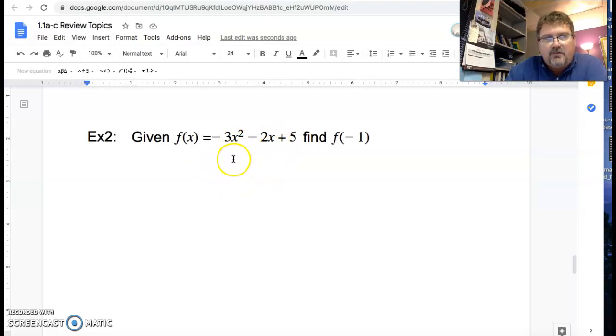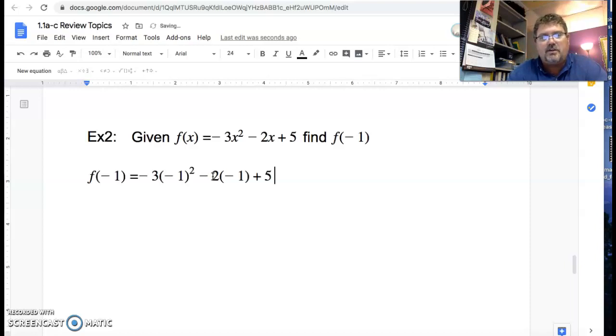Right? f of -1 means -1 goes there and there. Now what I want you guys to do is use parentheses when you do it. So your expression should turn out looking like that. f of -1 equals. Notice I use parentheses on these -1s. -3 times (-1) squared, minus 2 times (-1), plus 5.